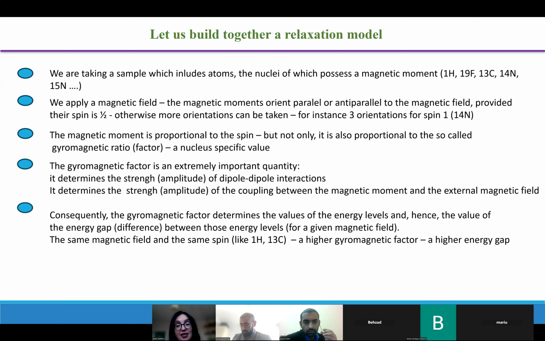So this means that we are not by any magic changing the resonance frequency in a direct sense. What we do, we change the magnetic field. And the magnetic field determines the resonance frequency. So in principle, there are some traditions and well-established ways of presenting data.